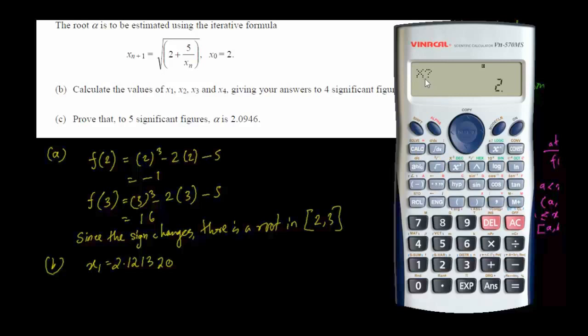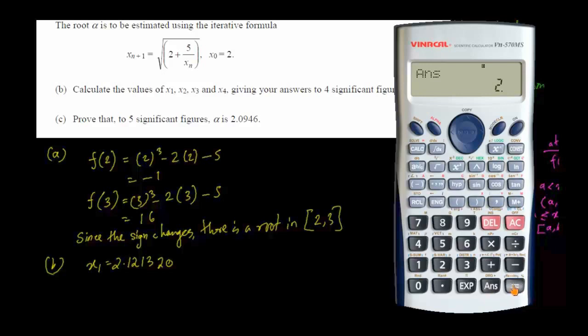That means the calculator is ready to load the value of x into this equation again. Now for x2 you need x1. x1 is a huge value that you don't have to write down. You can just press this button, answer, because whenever you press answer, which we did previously, it is stored here.